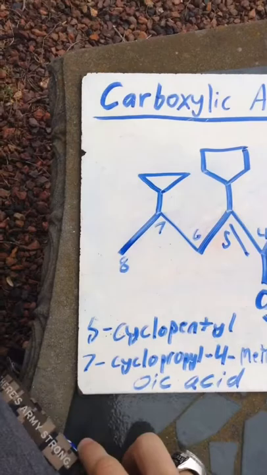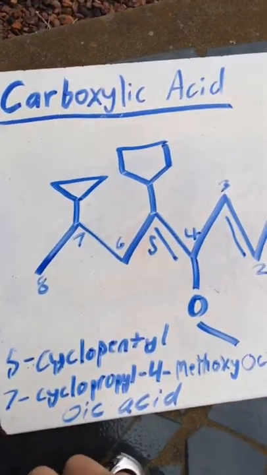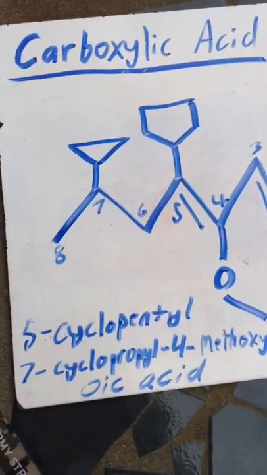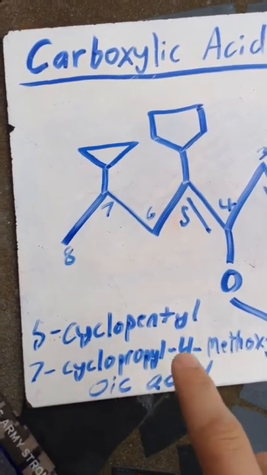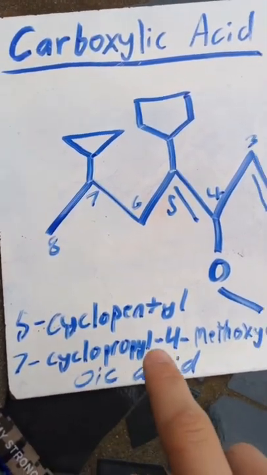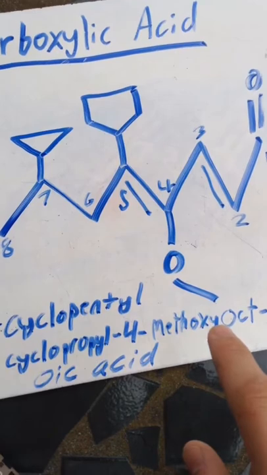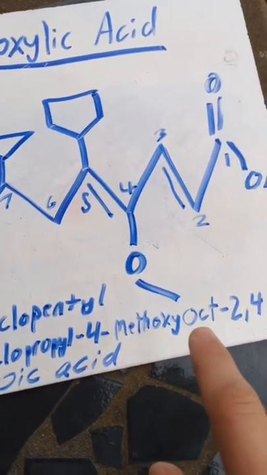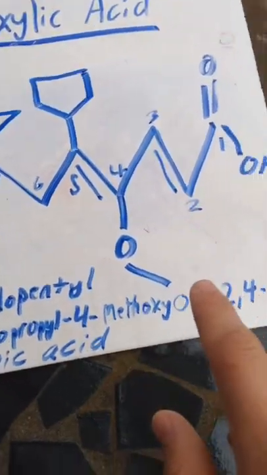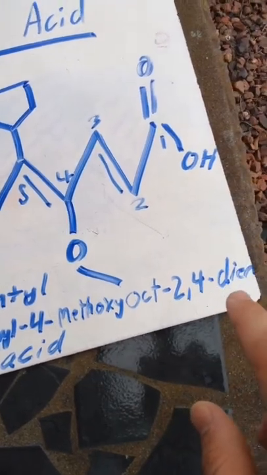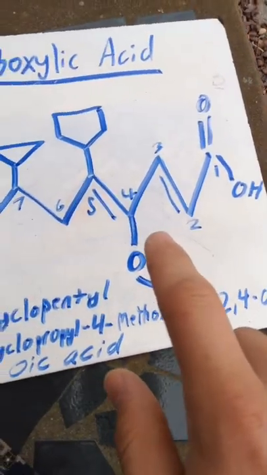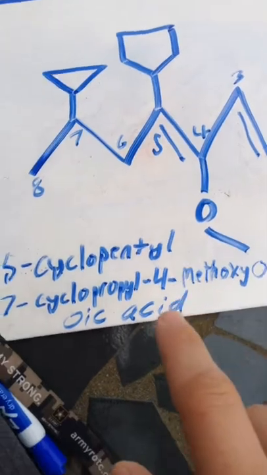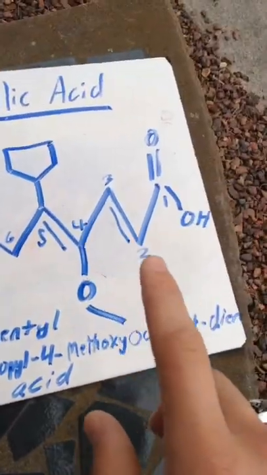So to name that, you're going to start with the cyclopentyl, because that name comes first in alphabetical order. So 5-cyclopentyl, and you go to 7-cyclopropyl, dash 4-methoxy, and that takes care of all your groups. Oct, because your longest carbon chain is 8. Dash 2,4-dien, because you have two alkenes at 2 and 4, and then oic acid, because it's a carboxylic acid.